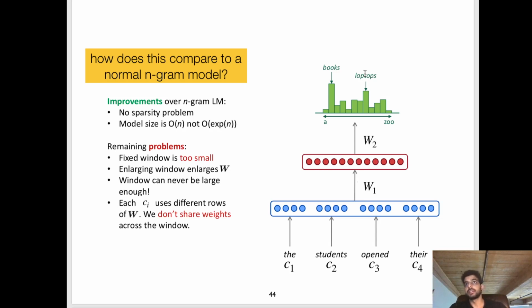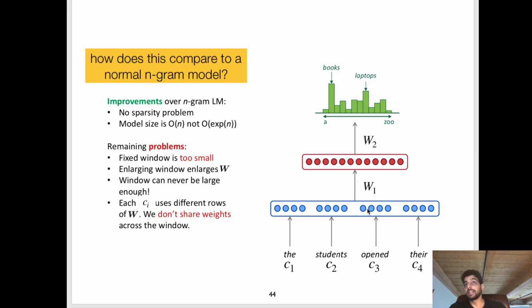The model size is no longer exponential in the order of the model, the window size. But the model still has problems, right? It hasn't really addressed this fixed window thing. It's still limited to, in this case, the 4 words that immediately precede the current word.